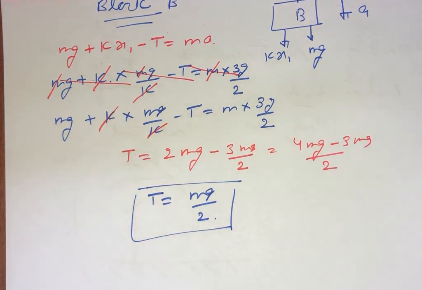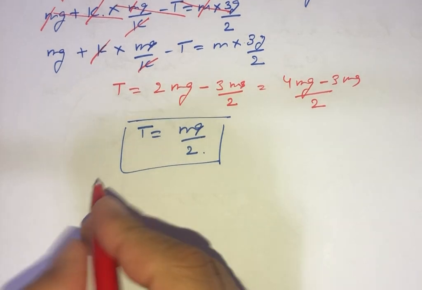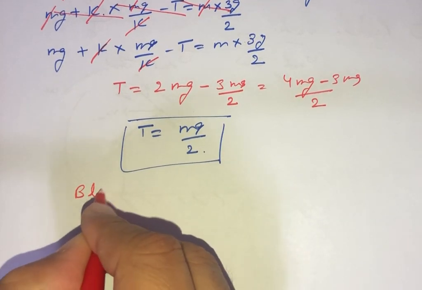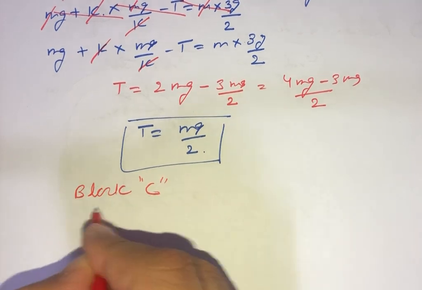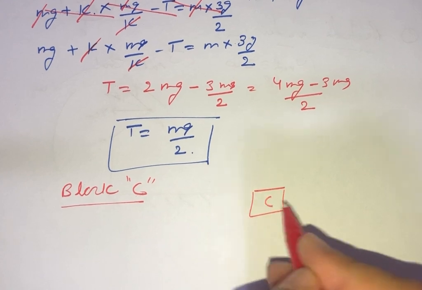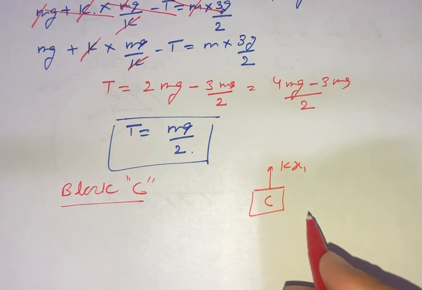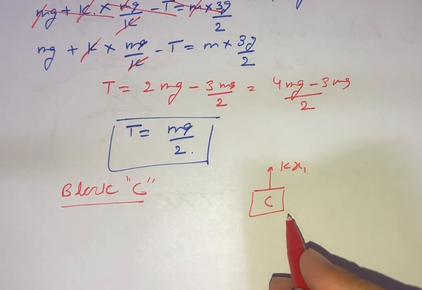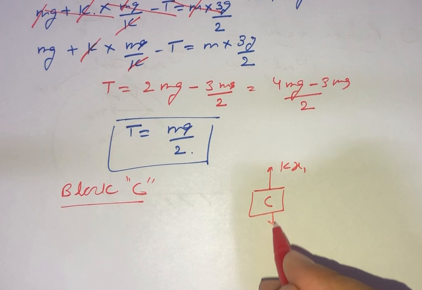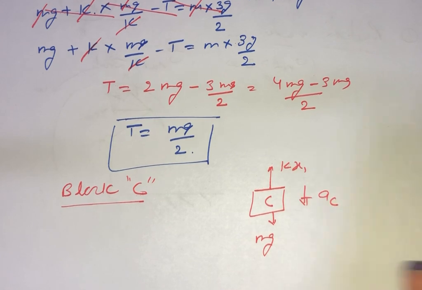Next we have block C. This is block C, and we have the upward direction kx1 and the downward direction there will be mg, and let us suppose the acceleration is aC.